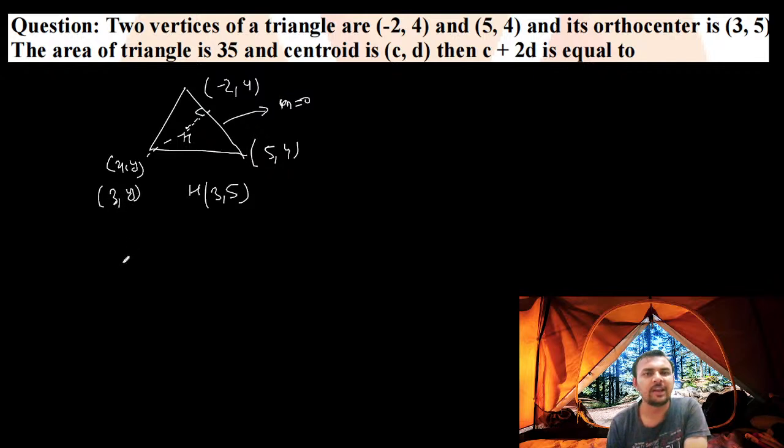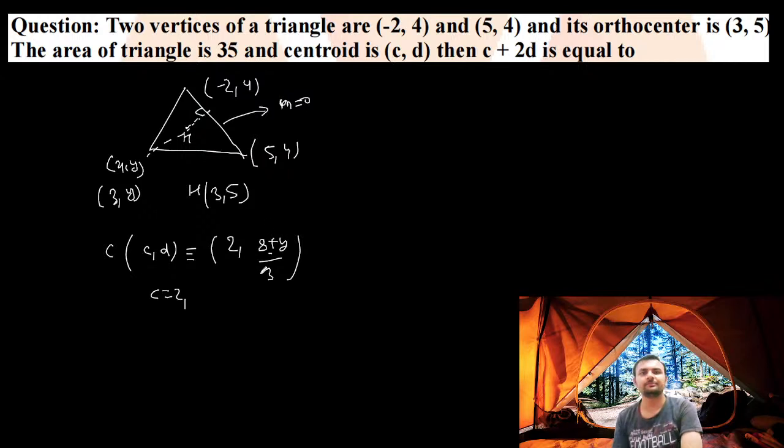Okay. And now centroid is C comma D, which is nothing but 5 plus 3, 8, 8 minus 2, 6, 6 by 3 is 2, and we have 8 plus y by 3. So C equal to 2, D is this thing. Okay. Now area of the triangle.